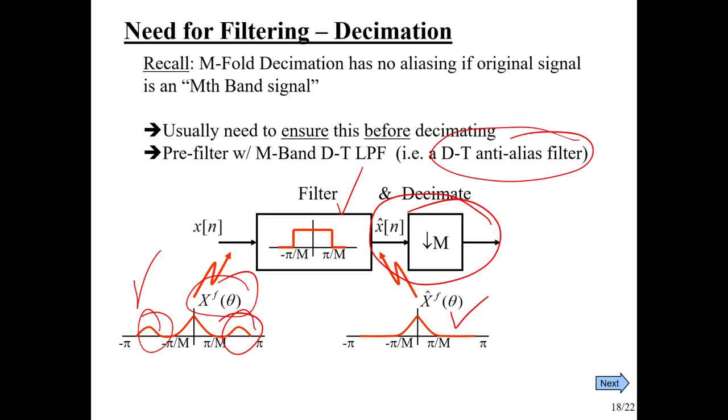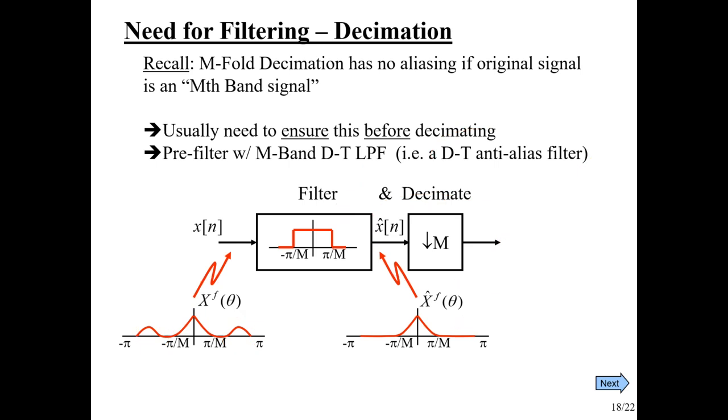Now, I know what you're thinking. This spectrum is not this, so I've lost information. Yes, I have. And we can only do this when we don't care about the stuff that's up there. Maybe we're going to handle that separately, or maybe it's a part of the signal that doesn't really matter to us. Or maybe we're just going to live with the loss of that fidelity, right?